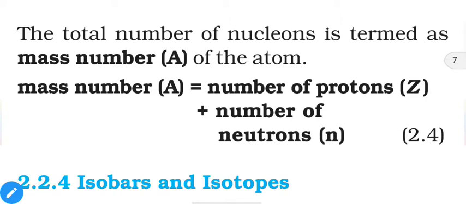The atomic number is equal to the number of protons, or the number of electrons in a neutral atom, and the mass number A is equal to the number of protons plus the number of neutrons. Let us discuss this with an example. Suppose you want to find the atomic number and mass number for hydrogen.